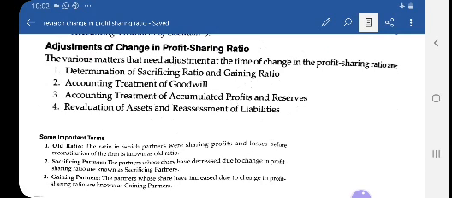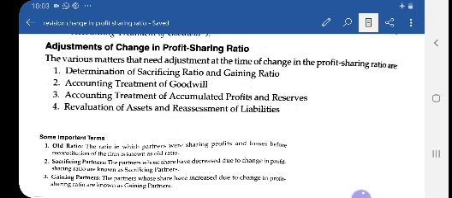Hardly will you get 40 seconds to solve this gain and sacrifice, otherwise that question will disappear from the screen while calculating. So check your timing. In these 3 or 4 days that are left, check how much time you are taking to solve the gain and sacrifice of any individual partner.